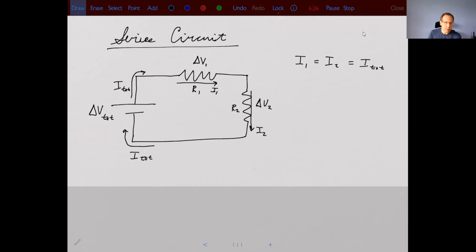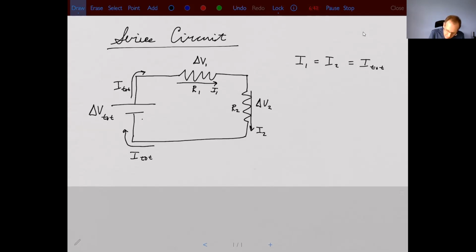Now, what about the voltage drop? Well, here at the battery, I'm gaining a certain amount of voltage. Say maybe I went up plus 1.5 volts. And then there's a voltage drop across the first resistor and a voltage drop across the second resistor.